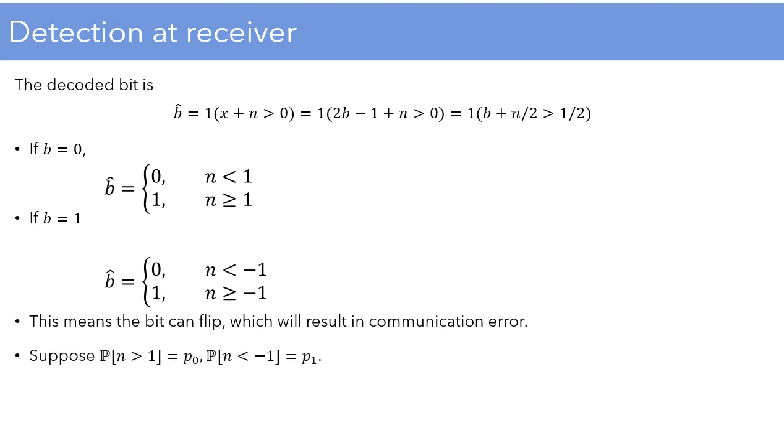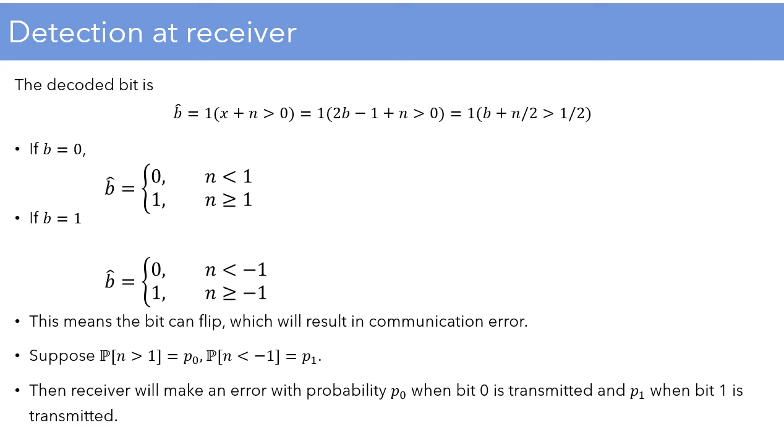And what is the probability of that? Suppose the probability that the noise is more than 1 is P0, and the probability that the noise is less than minus 1 is P1. In that case, the receiver will make an error with probability P0 when bit 0 is transmitted, because when 0 is transmitted, there will be an error when n is more than 1.